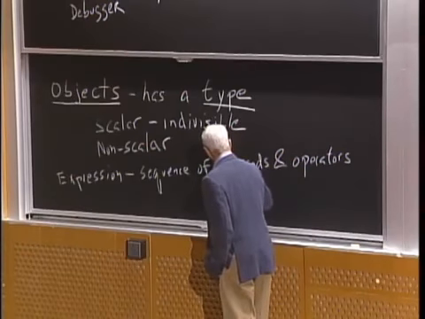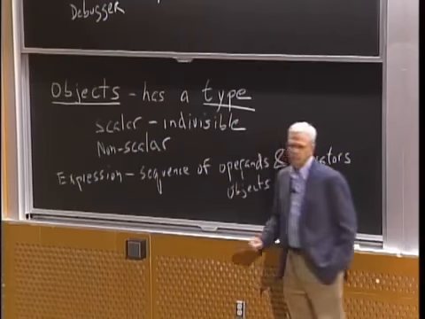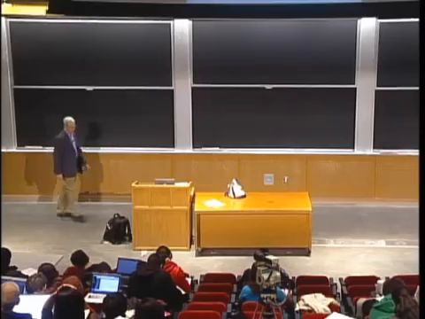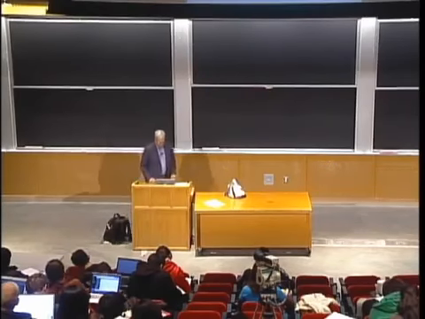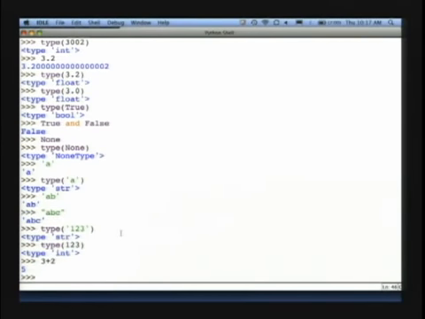The operands are objects. So for example, we can write the expression 3 plus 2. And when we type an expression into IDLE, it automatically evaluates it and prints the value of the expression. In this case, of course, it's 5.